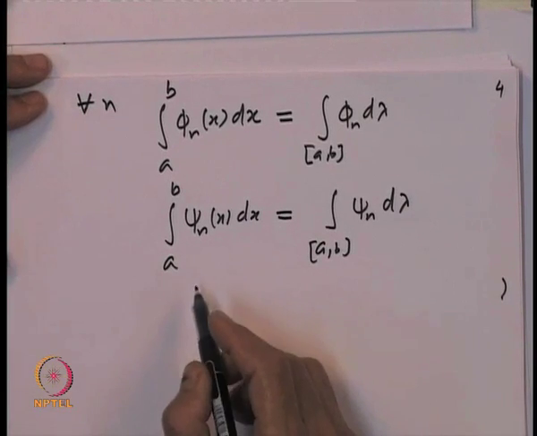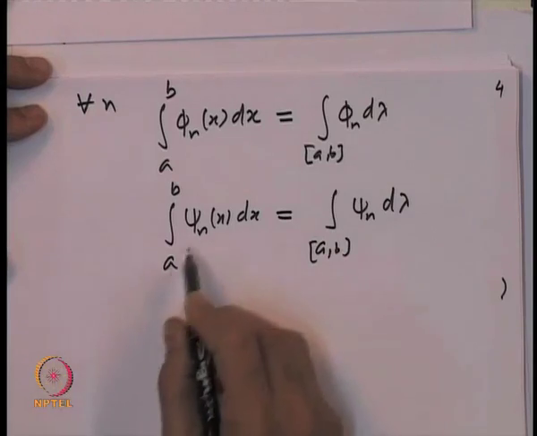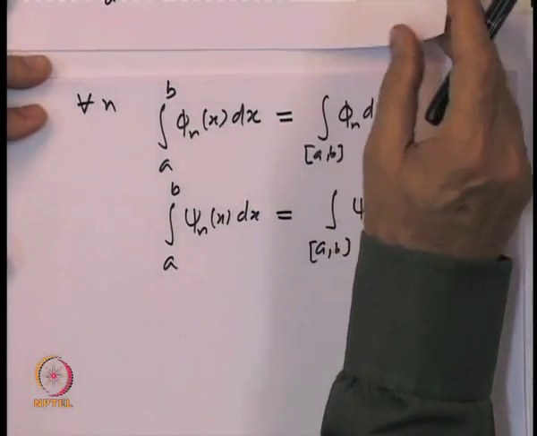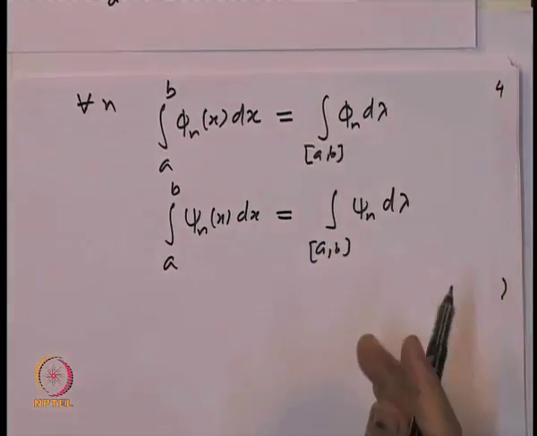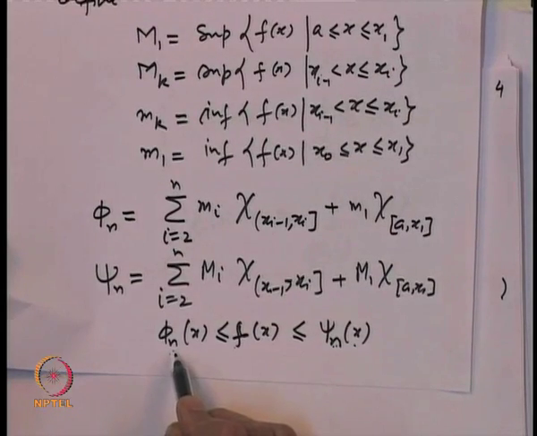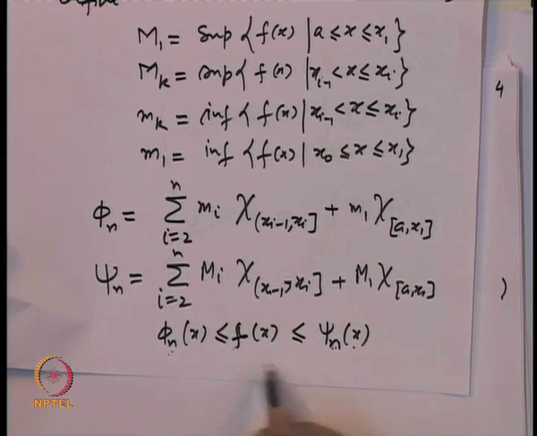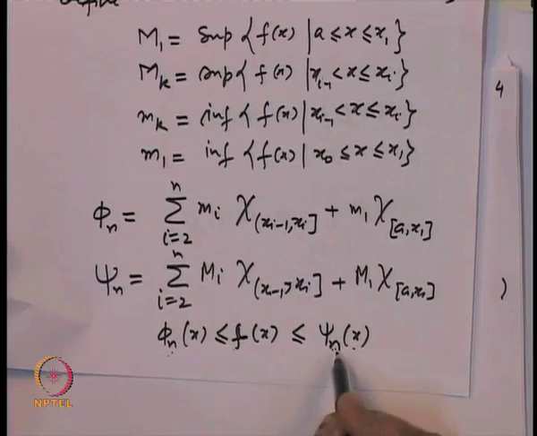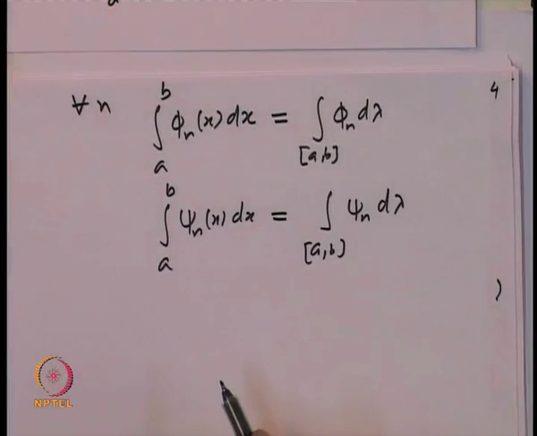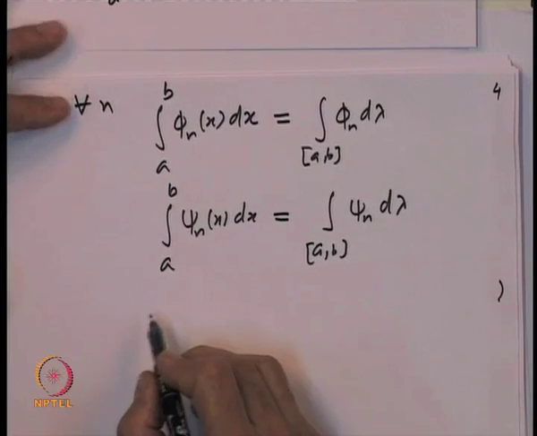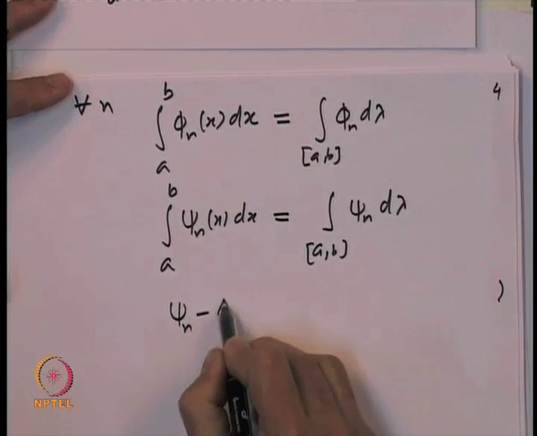Now, we have the observation that the function phi n is always dominated by f x, which is less than or equal to psi n. So, let us look at the function psi n minus phi n. Consider the sequence psi n minus phi n.